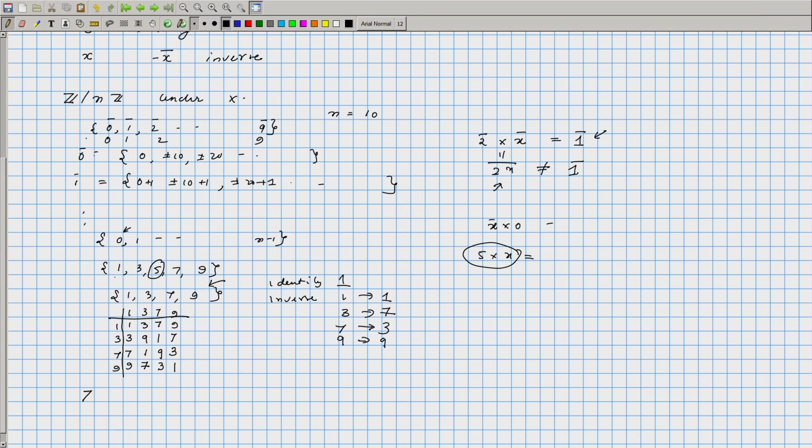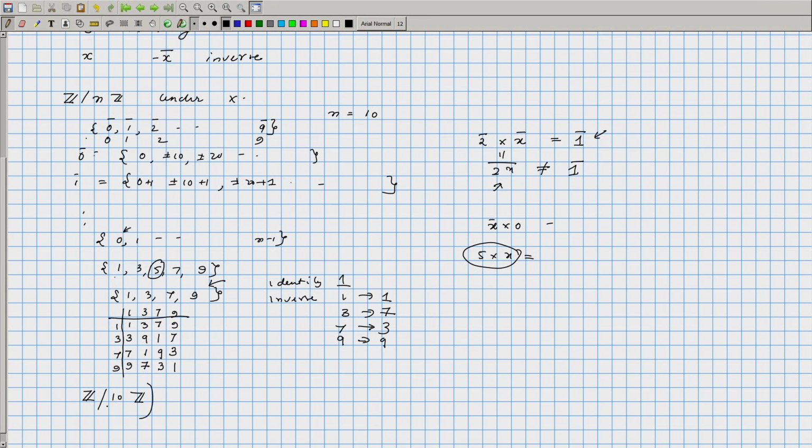Okay. So, this is denoted by Z divided by 10Z, because we were doing mod 10 operations. The reason why we are writing it in this particular form, Z divided by 10Z or Z mod 10Z, will become clear in one of the later classes, but right now we will just view this as a notation.